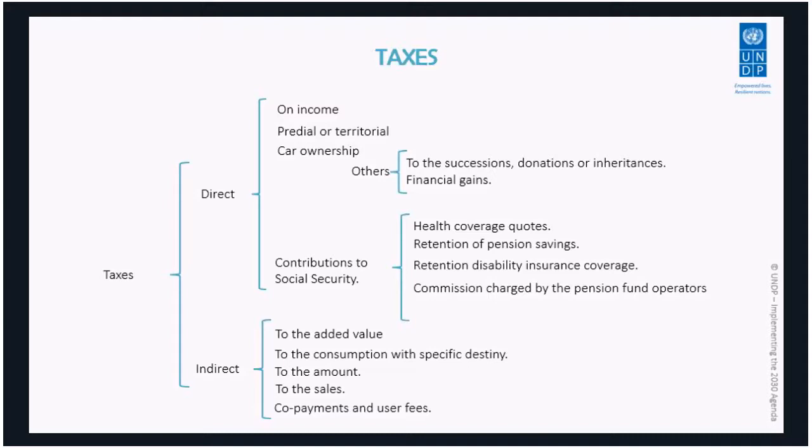But we are not concerned, at least now, at least in this module, with what happened to financial gains and corporate incomes. Okay, so income taxes, we can model income taxes in the survey because we have access to the information.